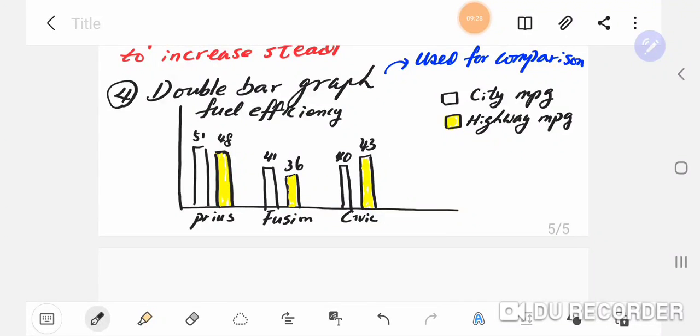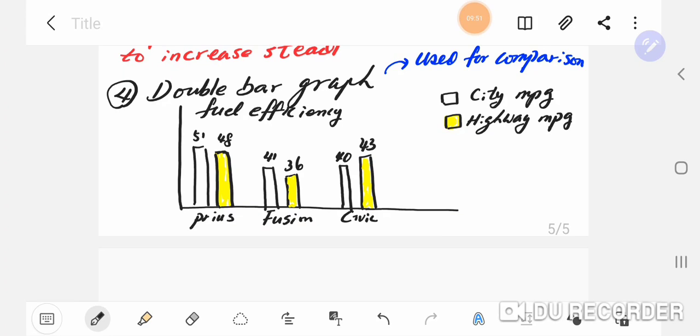As you see this, among these 3, 2 of them have a higher mileage per gallon in city than in highway. But only the Civic has more mileage in highway than the city mileage.